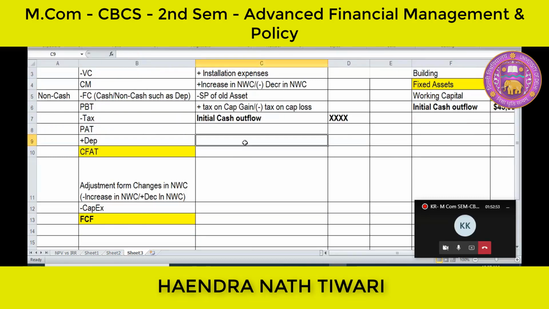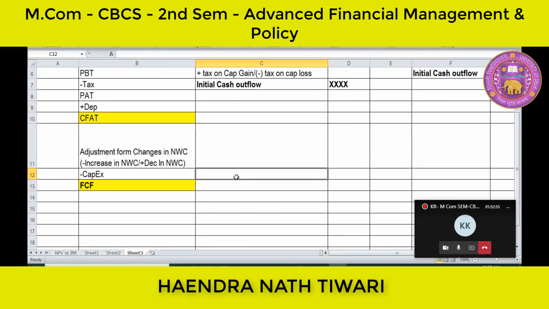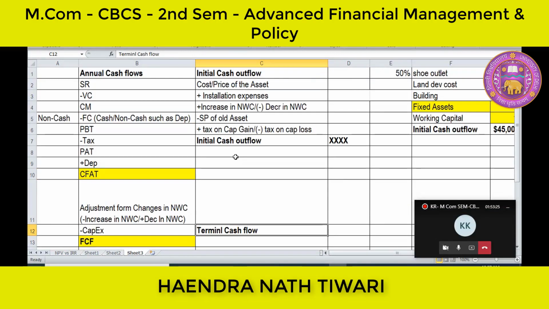The last type of cash flow is terminal cash flow. Sorry. So we have a terminal cash flow. Now what is terminal cash flow? So we have done 3 types of cash flows. These are subsequent annual cash flows. Generally inflows, but outflows are also possible, no problem.